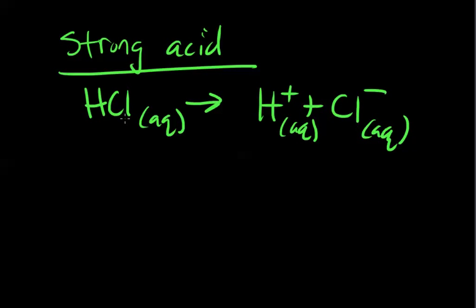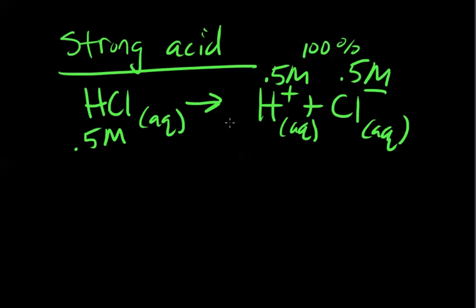So if you started off with a 0.5 molar solution of hydrochloric acid, you're going to get 0.5 molar hydrogen ions, and you're going to get 0.5 molar chloride ions. And this reaction goes to 100% completion.